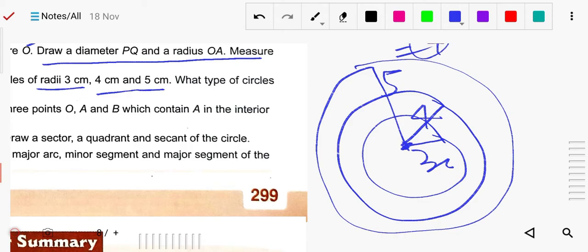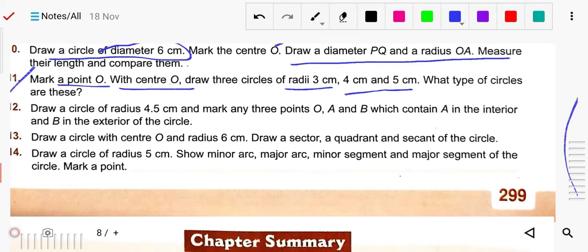Now O, A and B, like here you can see AB, which contains A the interior and B the exterior. This is question number 12. Draw the circle of 4.5 centimeters and mark any 3 points O, A and B, where A is in the interior and B is the exterior.